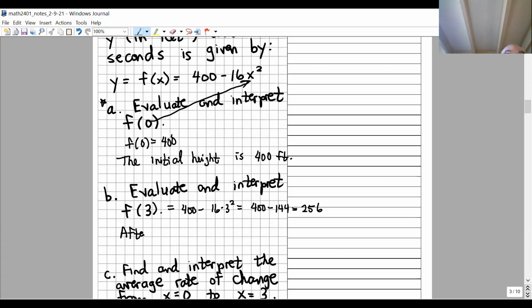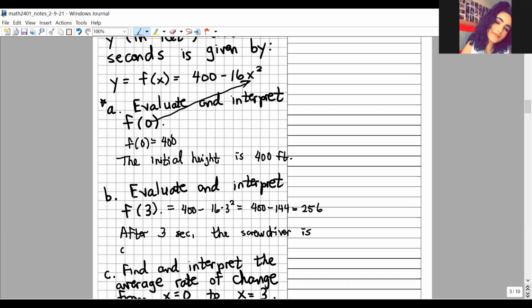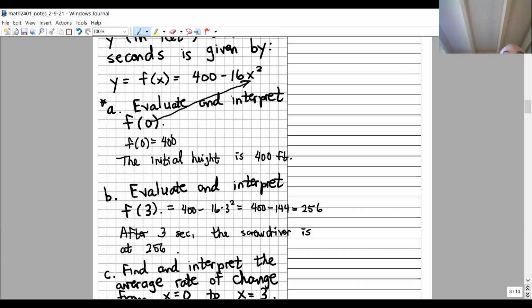All right. Or if you want to interpret that, you would say after 3 seconds, the screwdriver is at 256 feet, or 256 feet off of the ground.